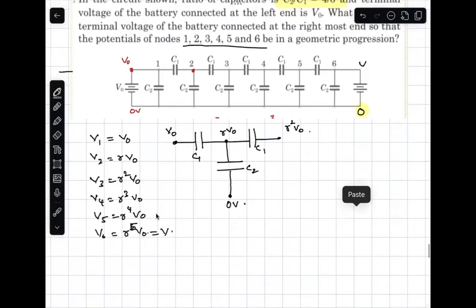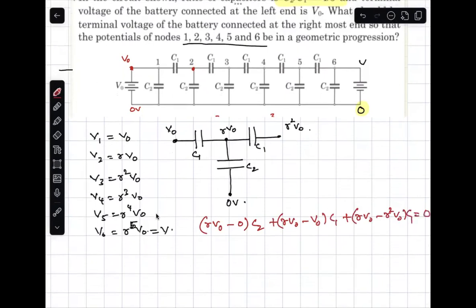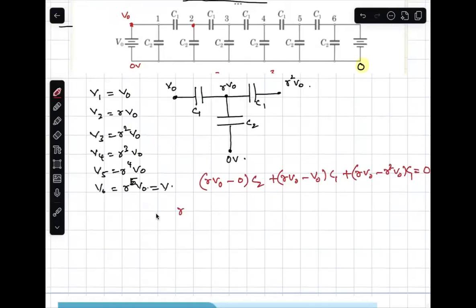Nodal method here suggests that (R V naught minus 0) times C2 plus (R V naught minus V naught) times C1 plus (R V naught minus R square V naught) times C1 is equal to 0. Rewrite this properly: R V naught C2 plus (R minus 1) V naught C1 plus (R minus R square) V naught C1 is equal to 0.